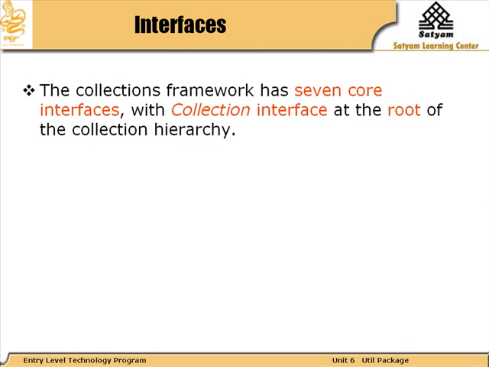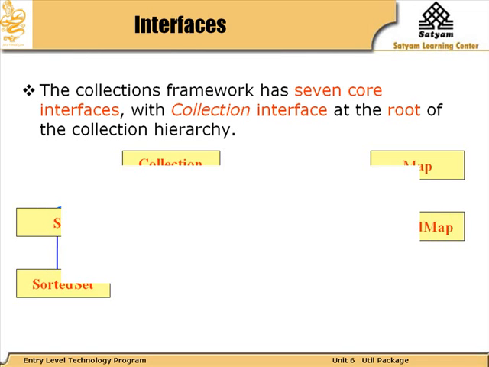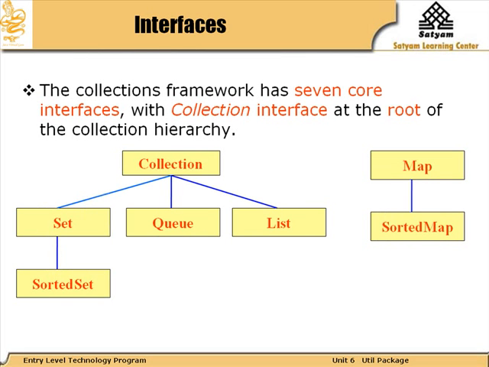The collection framework has 7 core interfaces, with collection interface at the root of collection hierarchy. The collection interface defines the generic methods that are extended by all other collection interfaces, like set, list, queue. The set interface defines additional methods required for set operations.